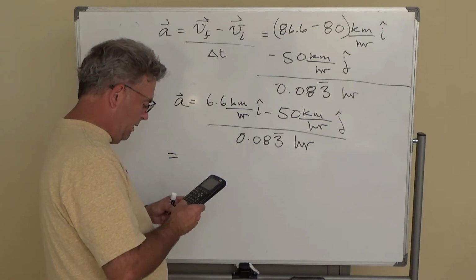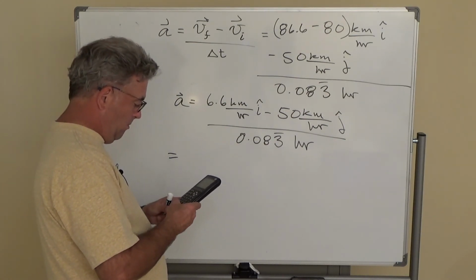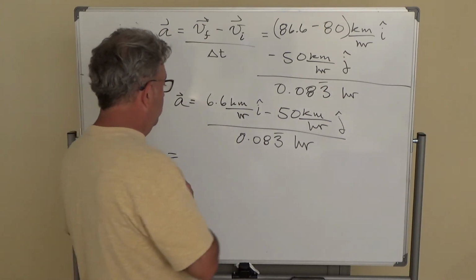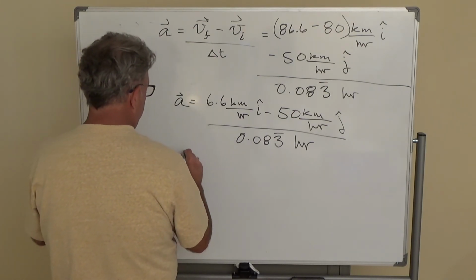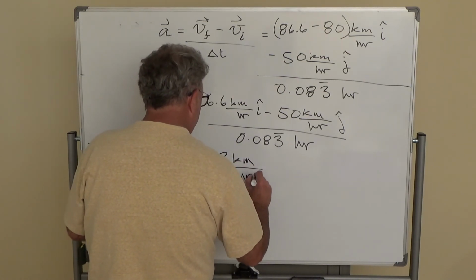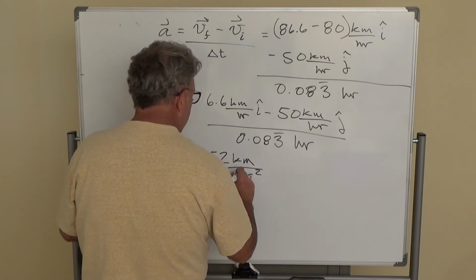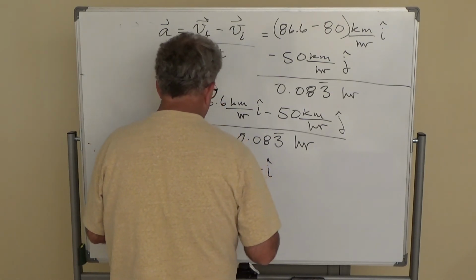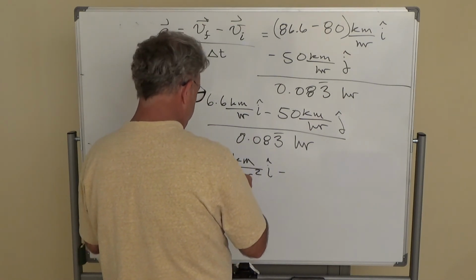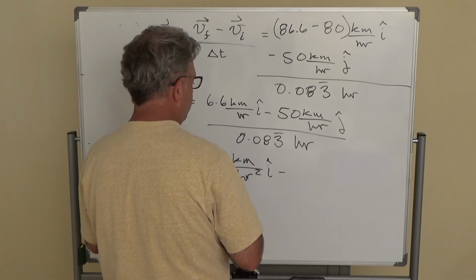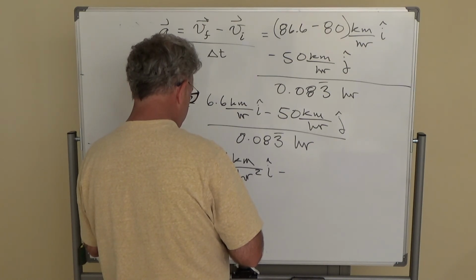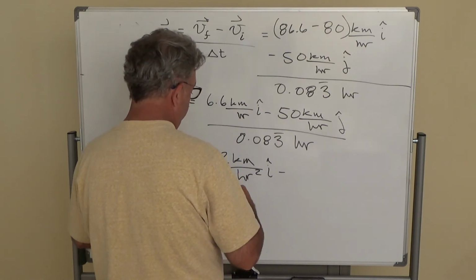So 6.6, divided by 0.083. I got 79.52 kilometers per hour squared I hat minus 602.4.